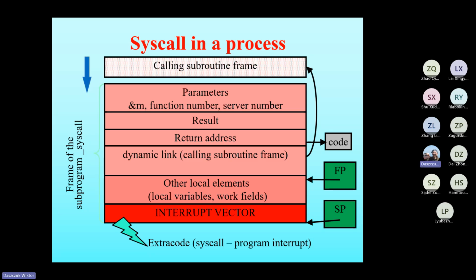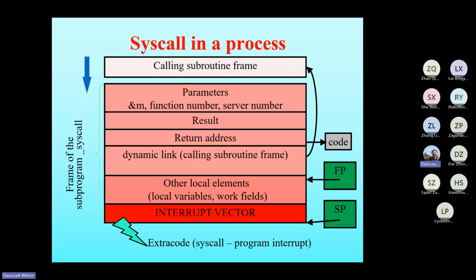Some languages reserve a field for the result of the function on the stack. Most modern solutions use registers for the result of the function, but older solutions pass the result of the function as a field in the stack frame.